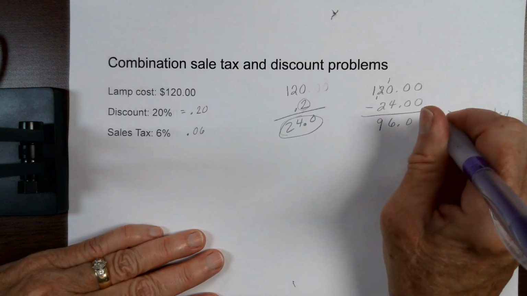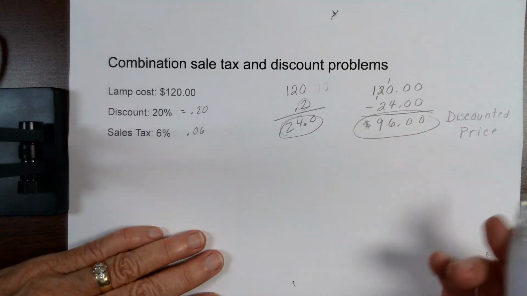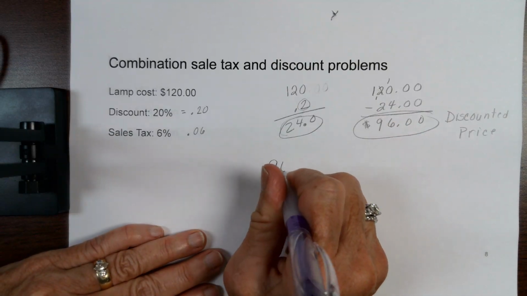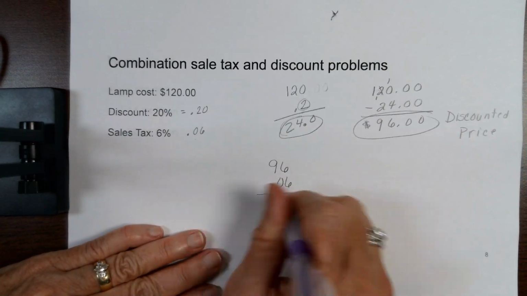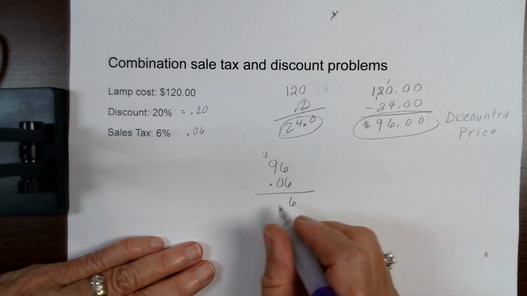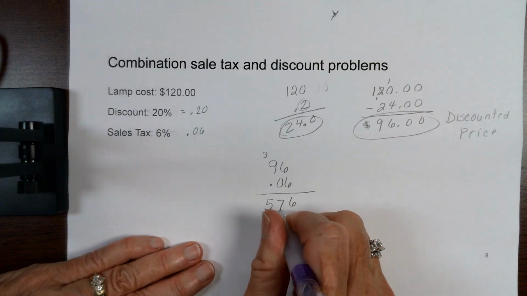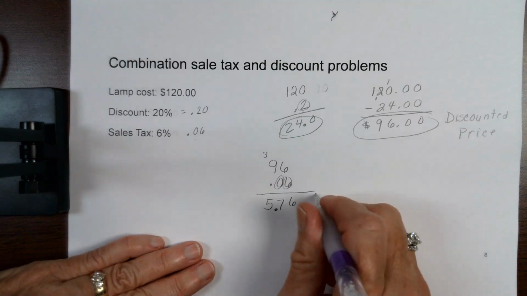And that is the price that I'm going to pay the sales tax on. So I subtracted the discount. Now I'm going to take the 96 and multiply it by 0.06. So I have 36, carry the 3, 54, 57. I have 2 places to the right. So this is my tax.